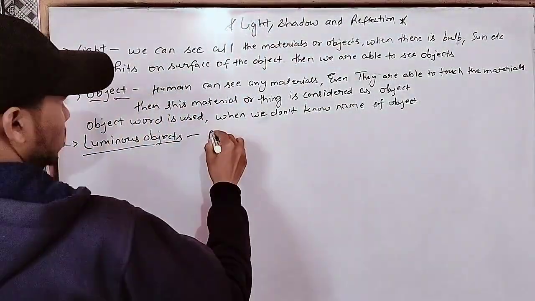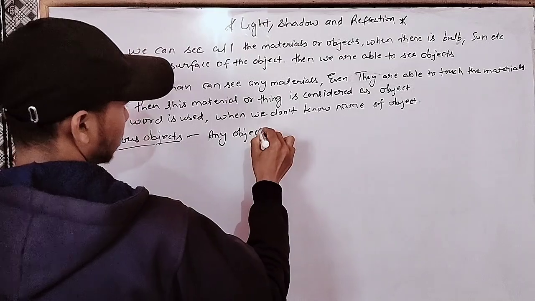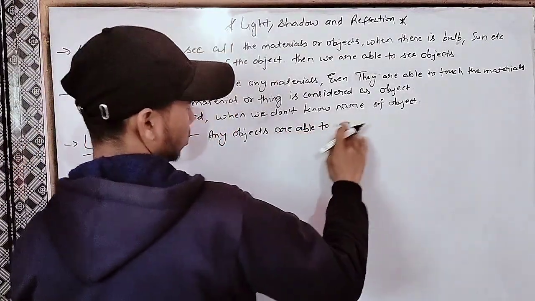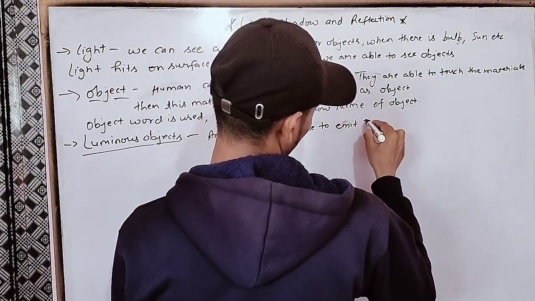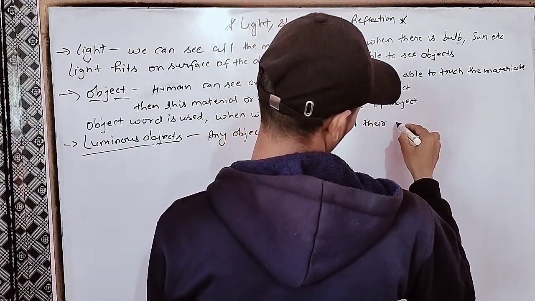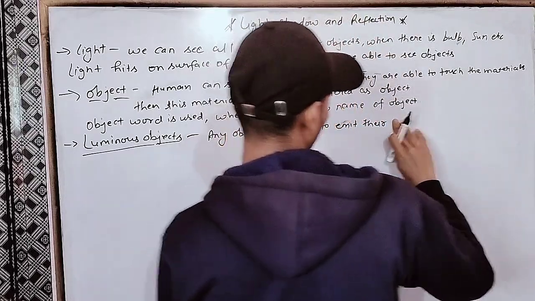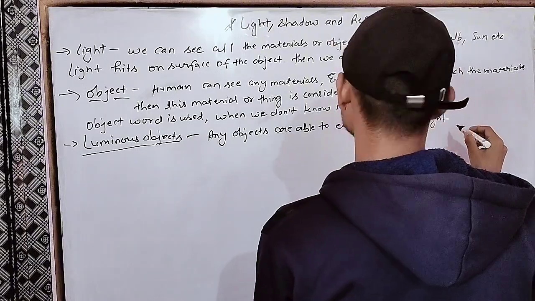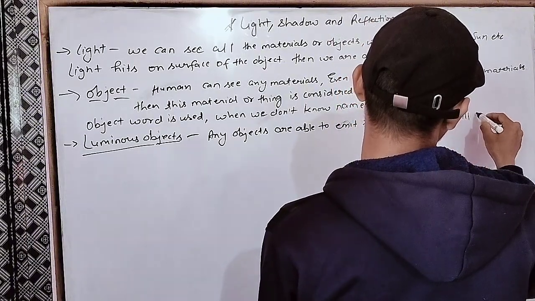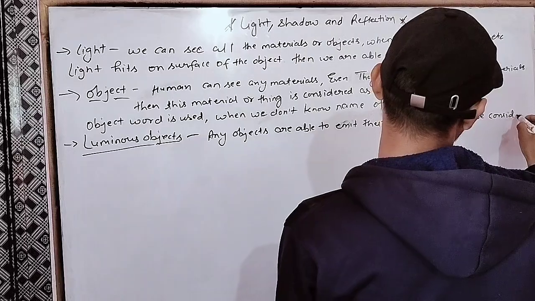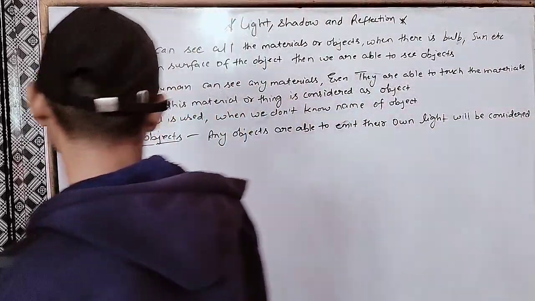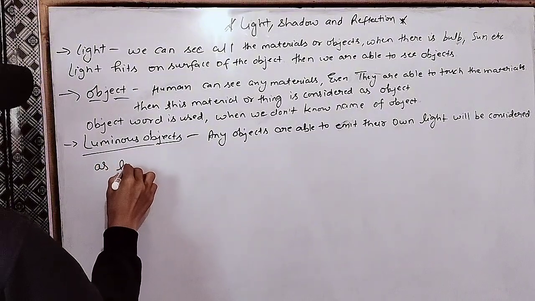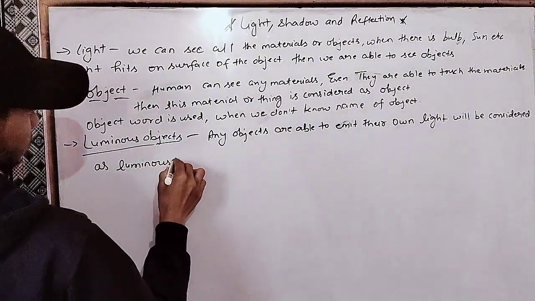So any objects that are able to emit their own light will be considered as luminous objects.